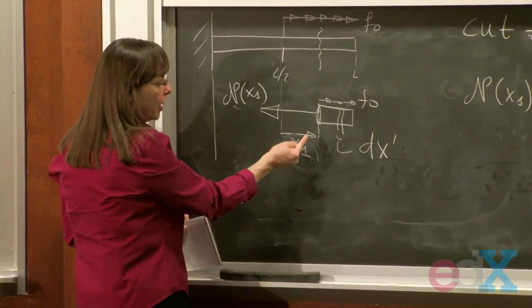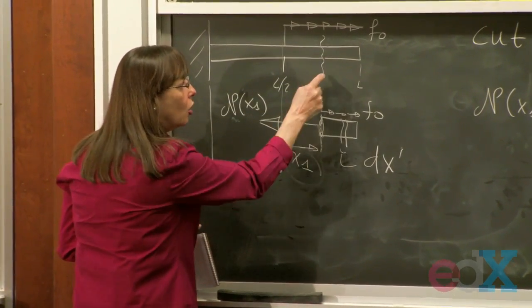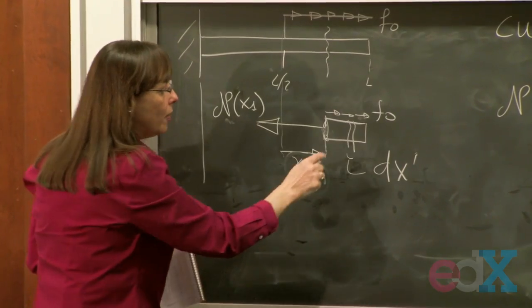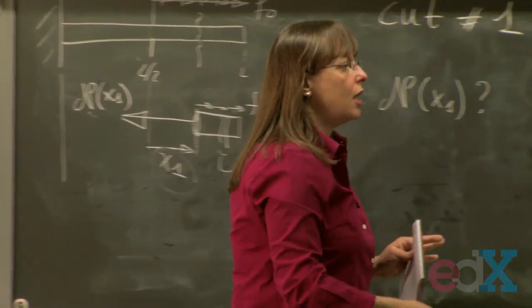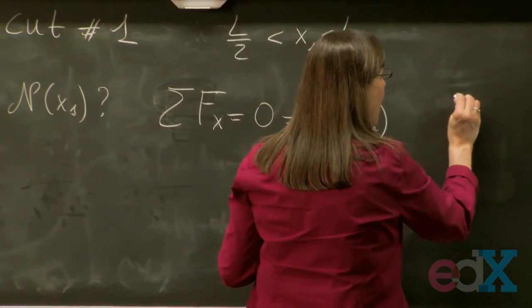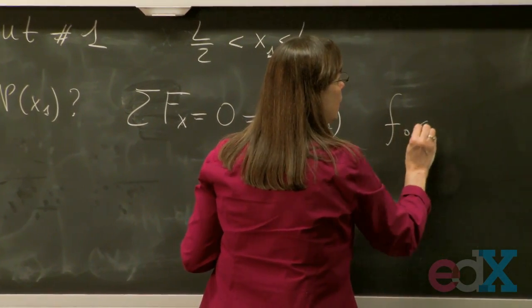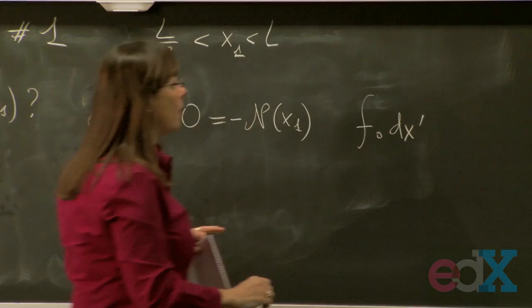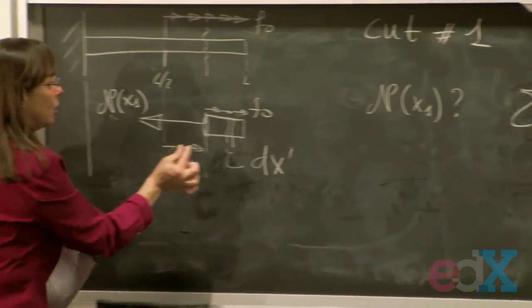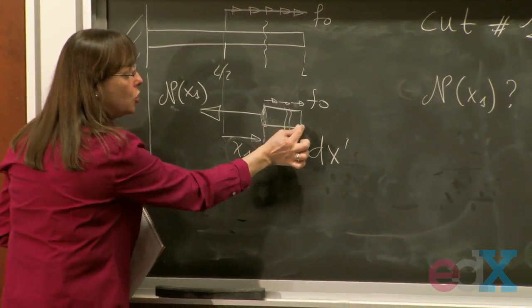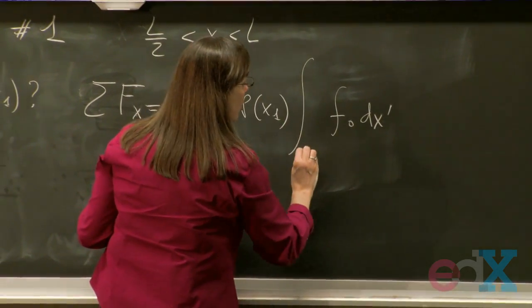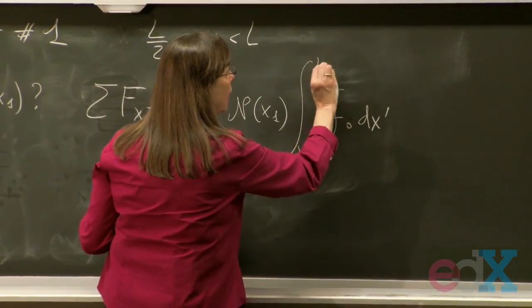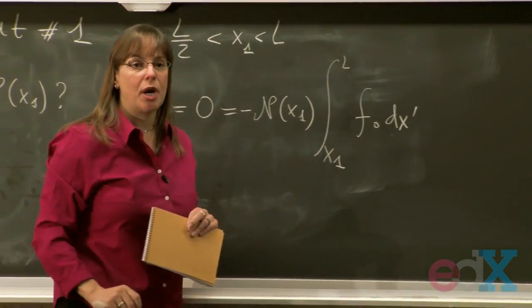My variable of integration is going to go from x1 all the way to L, right? But if I have a slice dx prime with a distributed load F0, that slice itself is going to give me a load F0 dx prime. But then I need to sum it up from here all the way to L. So I need to integrate this thing going from x1 to L, F0 dx prime.